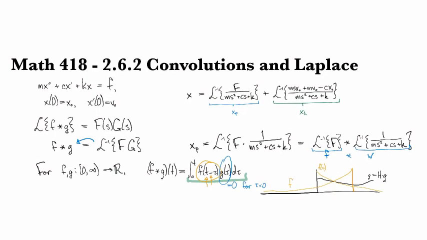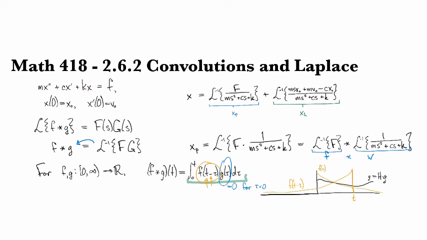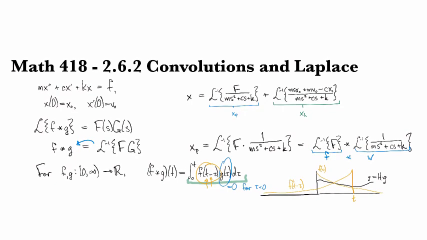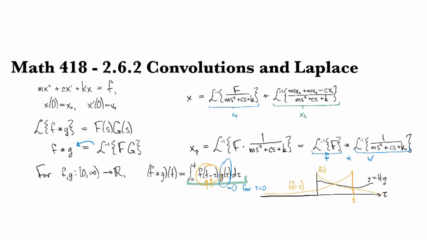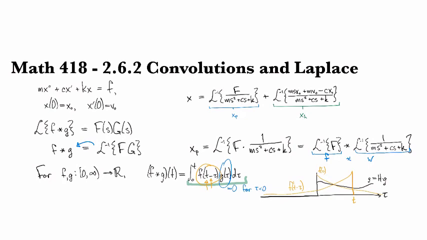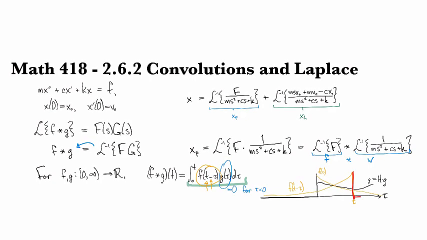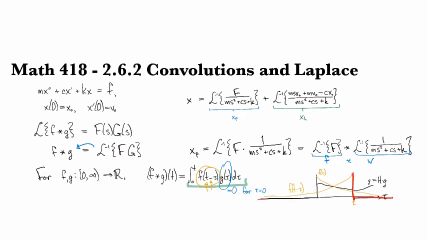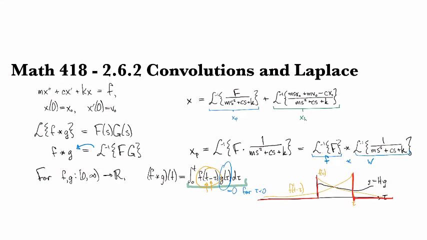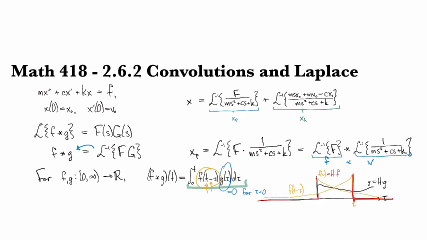So there's a graph of f of t minus tau for this particular t right here. And I should specify, this axis right here is the tau axis. And so you can see that there's a cutoff right here because we're also thinking of f of tau as being equal to 0 for the negative axis. So this is like h times f.